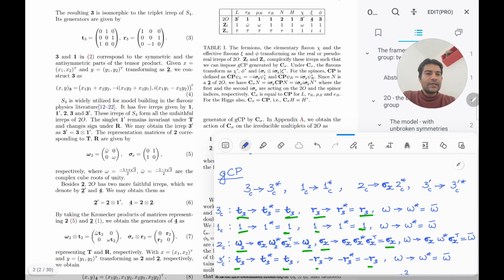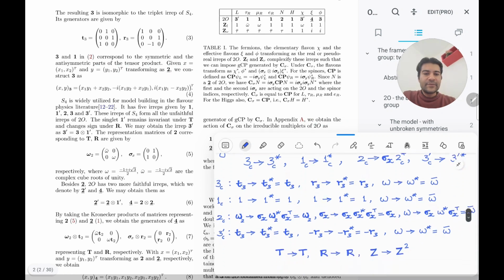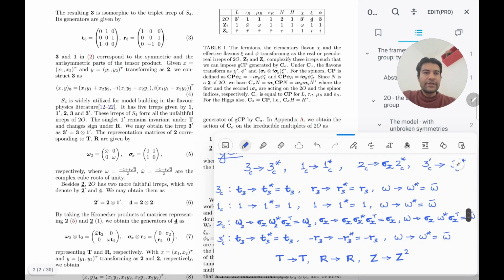On the other hand, the generator Z gets transformed. So we have the complex number omega, which when complex conjugated becomes omega bar, and this is true for all irreps. So we can summarize these transformations as shown here.